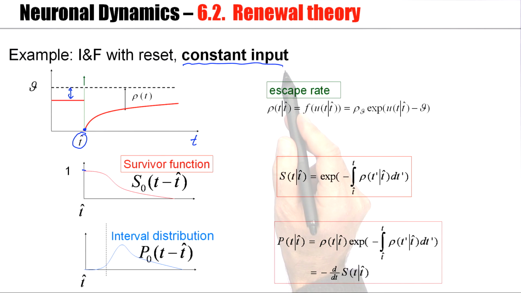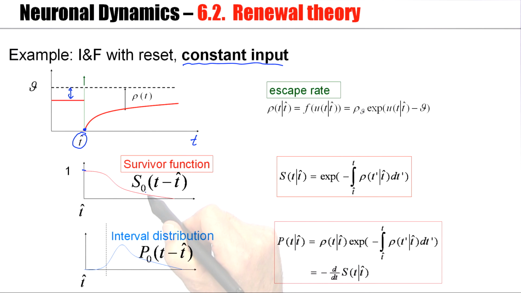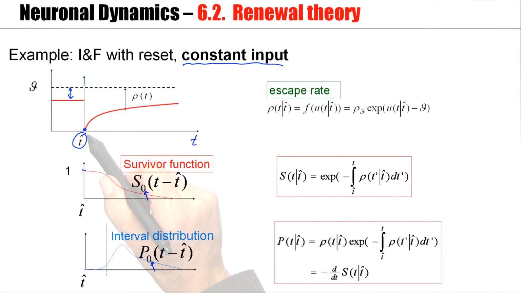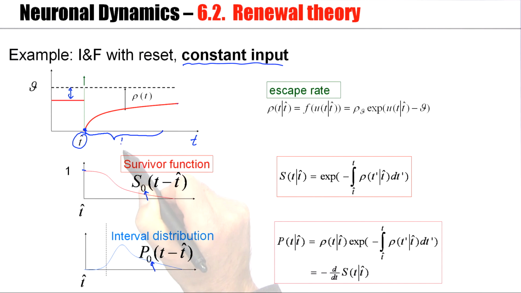Now, if I have constant input, then the input is constant. That's this little 0 here. I have no time-dependent input, so I don't keep the index I. But moreover, the remaining time dependence, you see that the membrane potential still has a time dependence. Well, this remaining time dependence is due to the reset at time t hat. And so the time dependence is completely described by the time difference, t minus t hat.